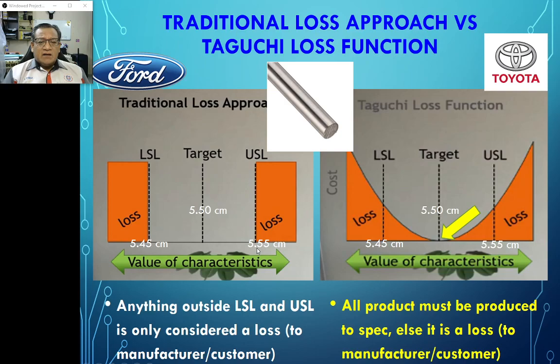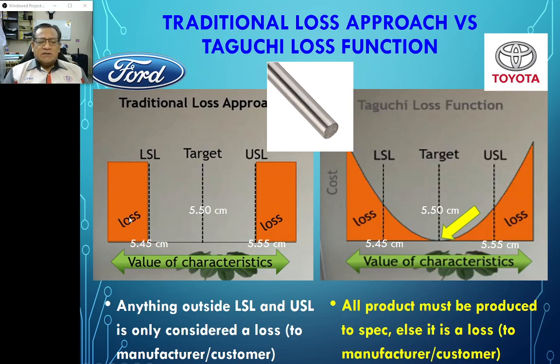It is considered a loss to you if it is producing bigger than 5.55, because your rod is definitely too big. You cannot send it to the customer, or else the customer will reject it, and that is a loss for you. If you produce a much smaller iron rod for the customer, like 5.43, that's considered a loss because the iron rod is too small.